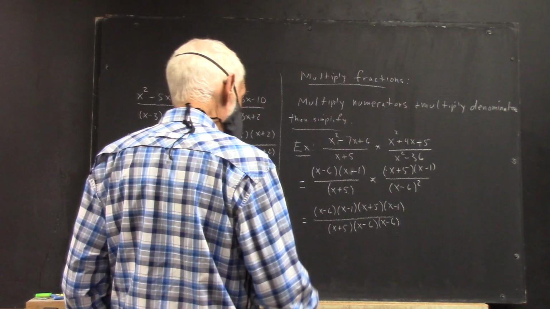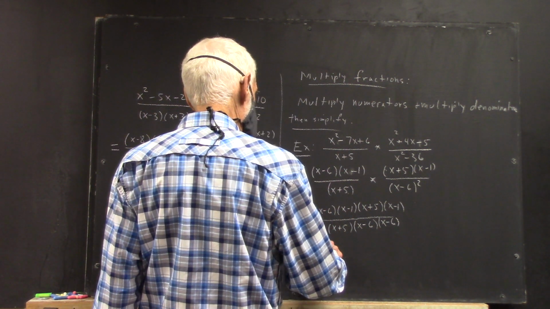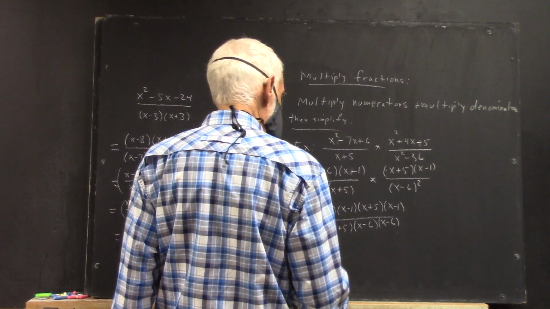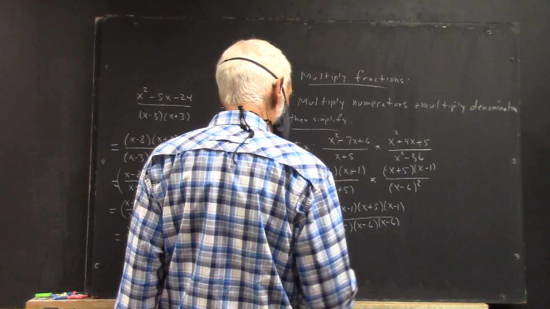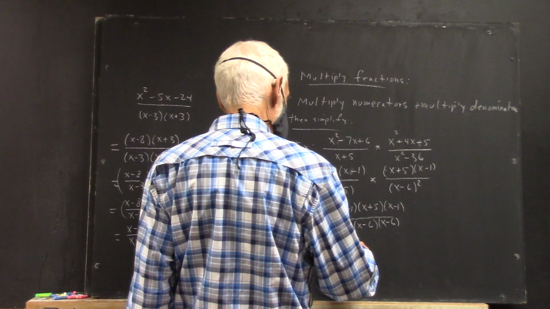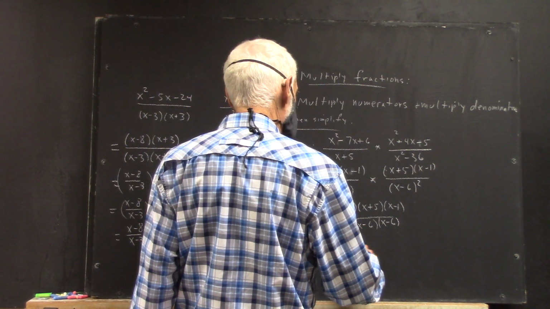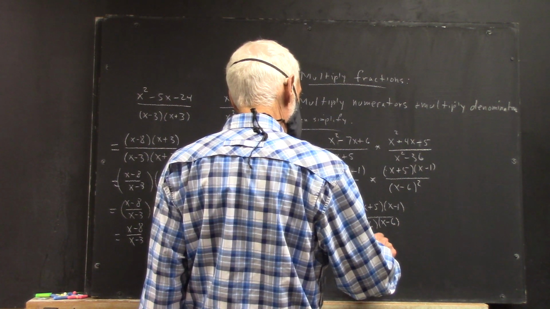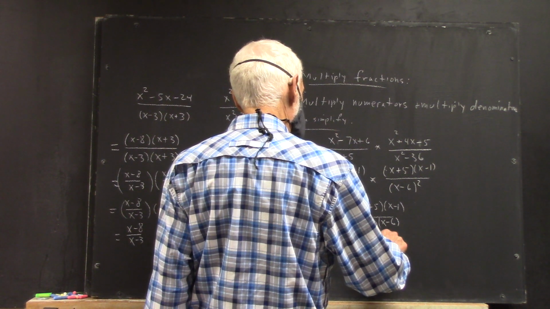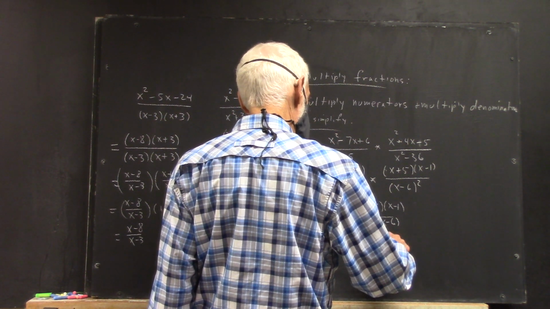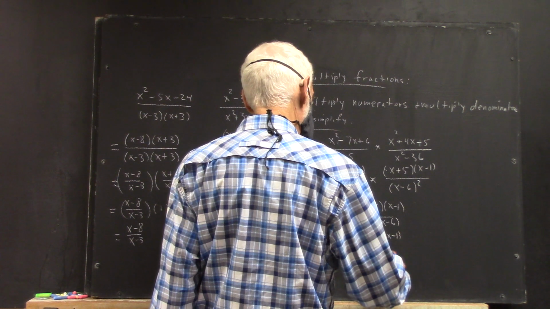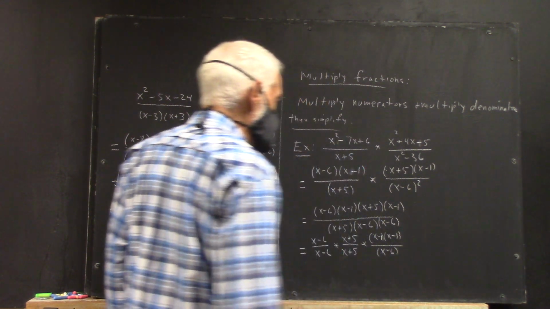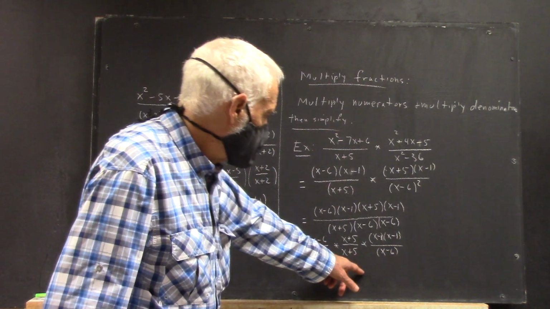We can write this as x minus 6 over x minus 6 times x plus 5 over x plus 5 times x minus 1 times x minus 1 over x minus 6.